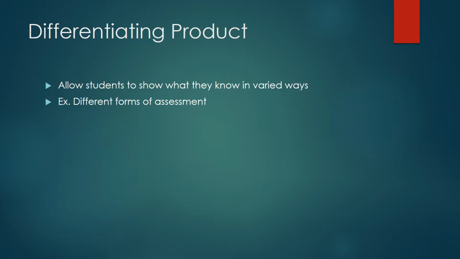A simple example: if we have a test, instead of saying, give me 5 sentences on this, you could say, draw pictures to represent this, or write 5 sentences, or come up and express their answers orally in the hallway. That provides 3 different ways right there of producing the same answer.